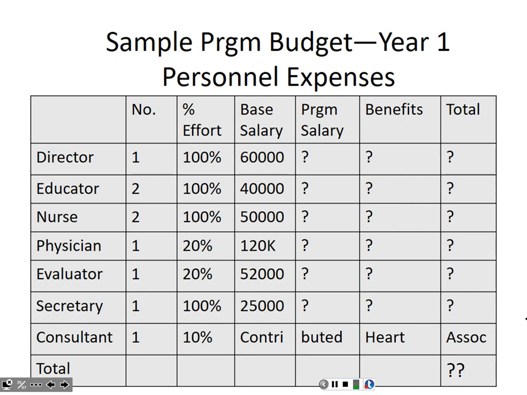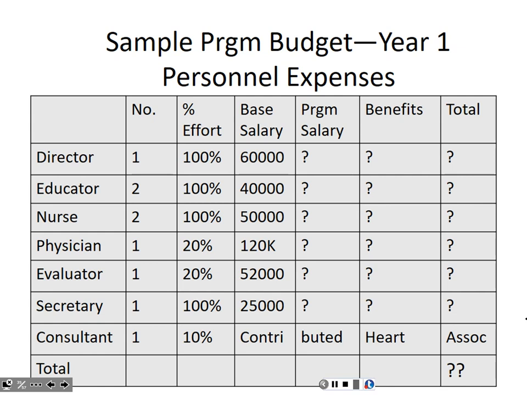Okay? Benefits are typically calculated for budgeting purposes as a percent of program salary. You contact your human resources office when you are developing the budget, and you ask them, how do I calculate benefits? And they will tell you, it's 25% of program salary or 35% of program salary, depending on how generous or limited the fringe benefit package of your organization is.